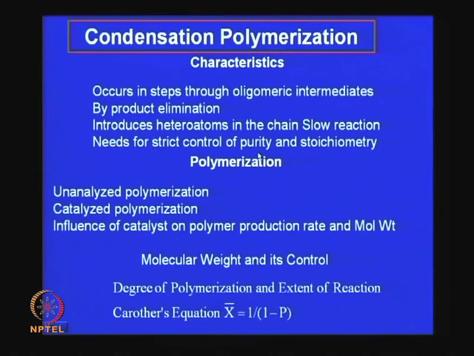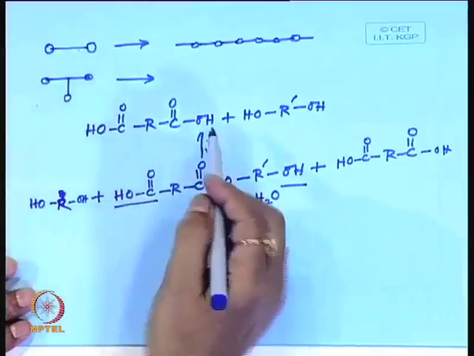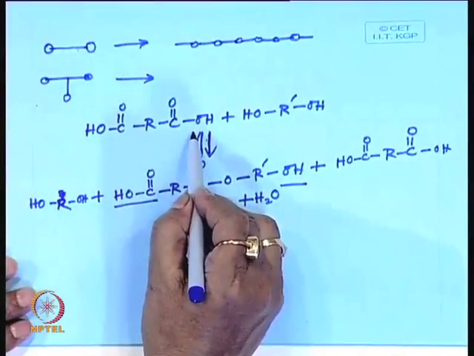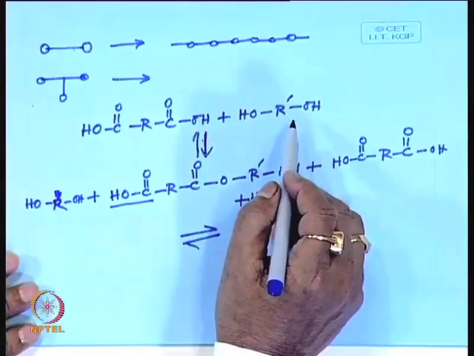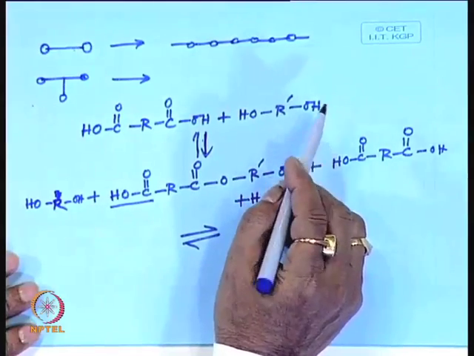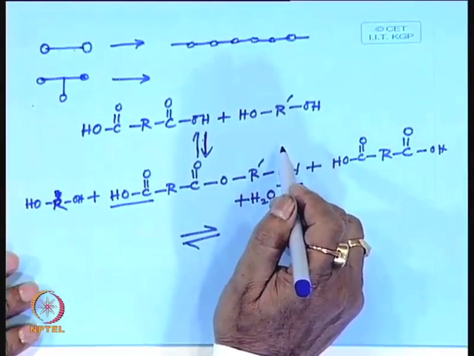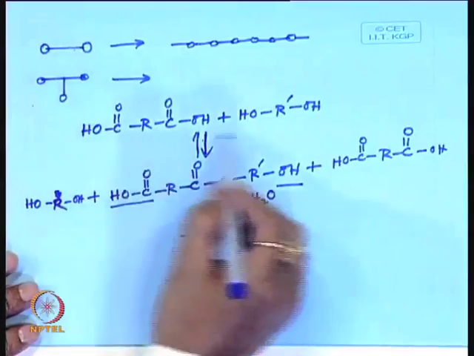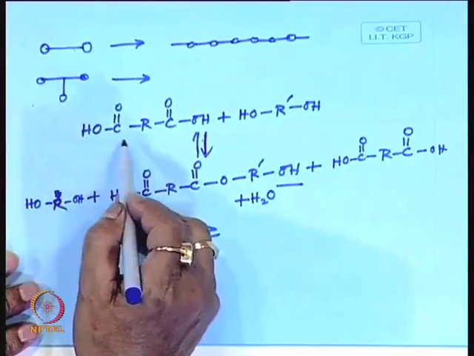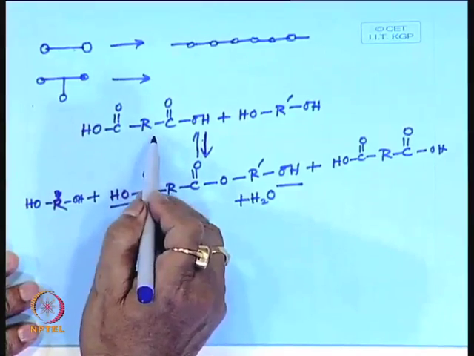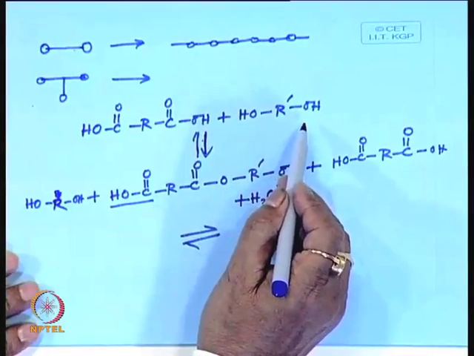Stoichiometry, I mean, here you see you have taken this diacid monomer and this diol monomer, then what is the molar ratio or mole ratio of these monomers? It implies here for this particular case it involves 1 mole of diacid with 1 mole of dialcohol, diol.